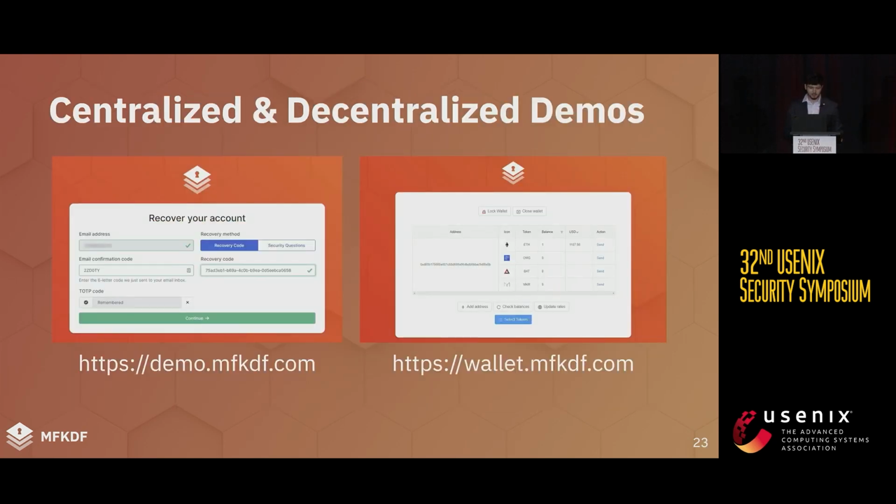And we've also done a couple of demos here. One of the demos that we did is based on the example I introduced at the start, building a password management service based entirely on MFKDF. And we showed that, in fact, you can have a system where all of the user stored passwords are encrypted with multiple authentication factors. And we also had a really interesting cryptocurrency wallet implementation where a user basically can manage a cryptocurrency wallet key using multi-factor key derivation instead of storing or moving the key manually.